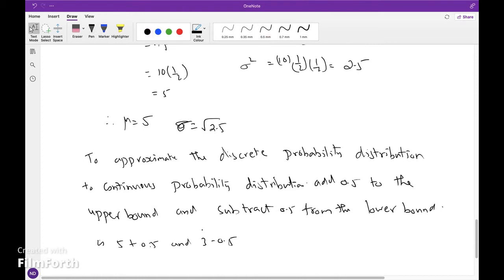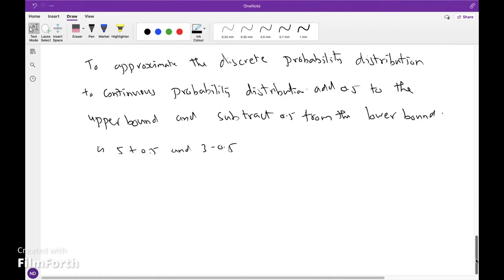The given distribution is a discrete distribution; we convert it to a continuous distribution. So P of 2.5 less than x less than 5.5. The given problem is a discrete distribution, 3 or 4 or 5, and now we convert the same to a continuous distribution.